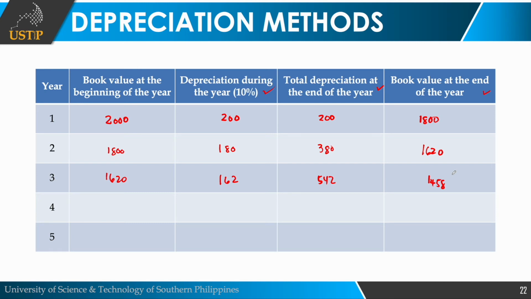Yeah, 1,458 lagi, sorry. So, that is 1,458 diri. 10% of this is 145.8. Total depreciation now would be 687.8. And then the book value at the end is 1,312.2.